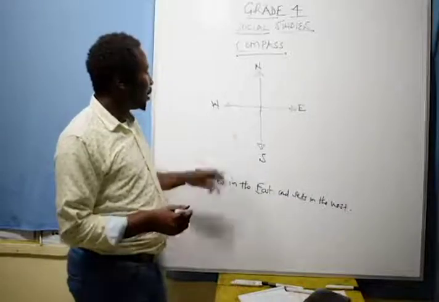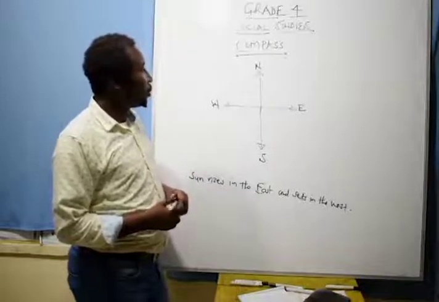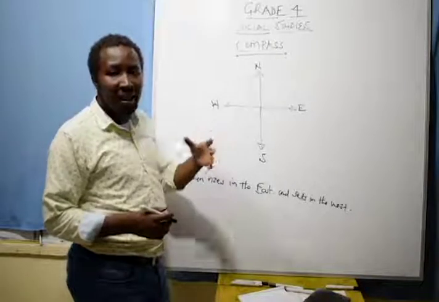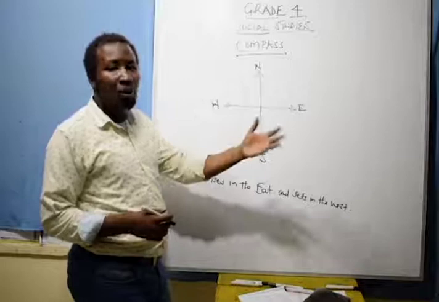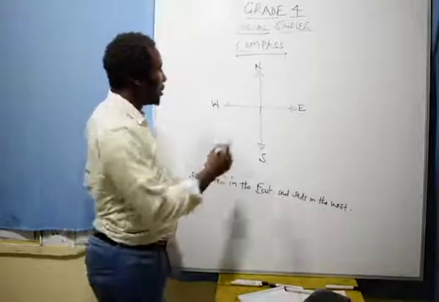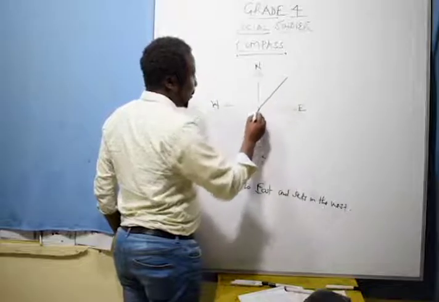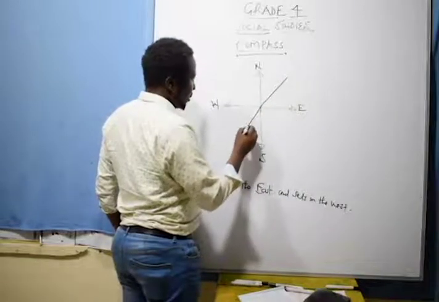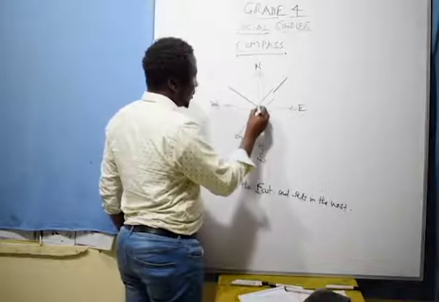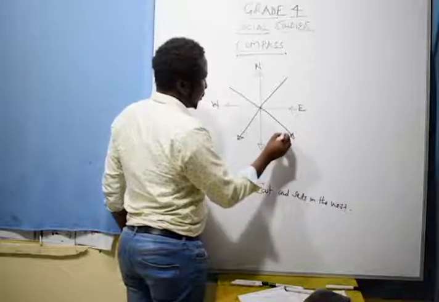Now, we are going to look further at other directions, 4 other more points of a compass. Now, this will be divided into 2. We have another arrow here, we have another arrow there.